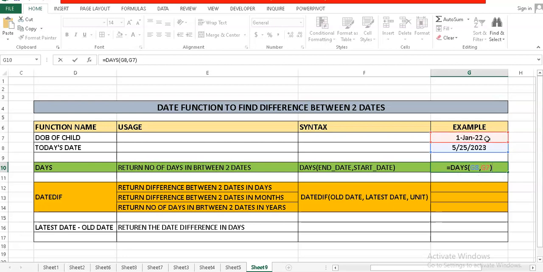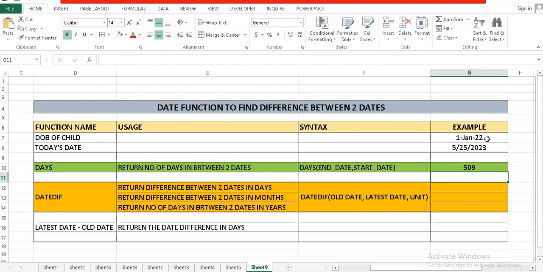So the bracket is complete, the formula is complete over here, syntax is fulfilled. Now I am going to press enter. So the difference between the above two dates is 509 days. I hope you have understood this DAYS function.